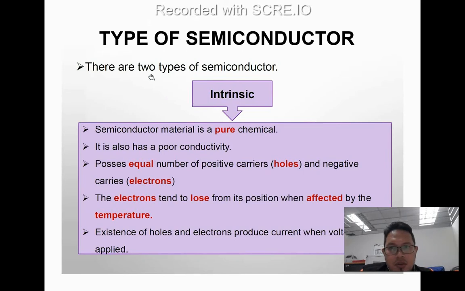So this is a material that is chemically pure. Intrinsic is a pure chemical, with poor conductivity, and possesses an equal number of carriers. It tends to lose its electrons when affected by temperature, and the existing holes produce current when voltage is applied.